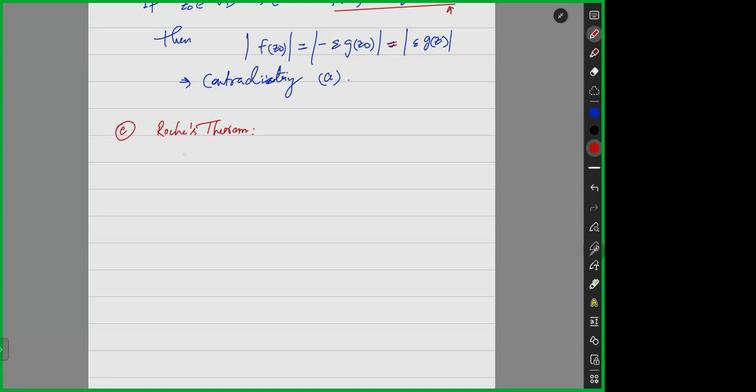Assuming all that, the main hypothesis is that modulus of g of z is less than modulus of f of z on the boundary, let's say of the unit disk, that is for every z in del D. Then the number of zeros of f in D is equal to the number of zeros of f plus g.